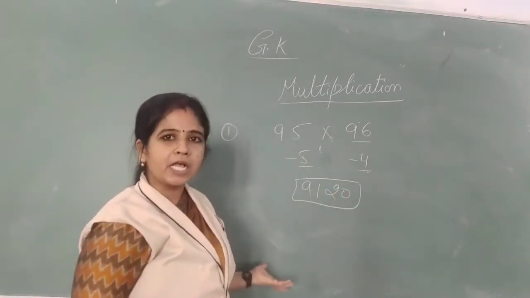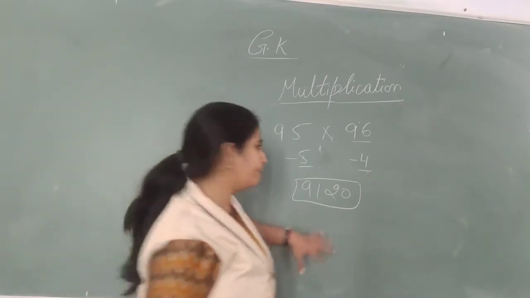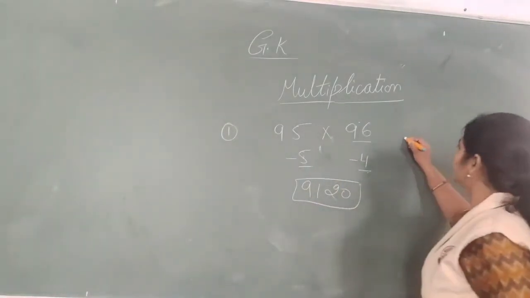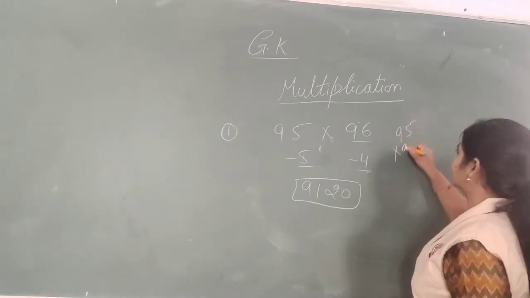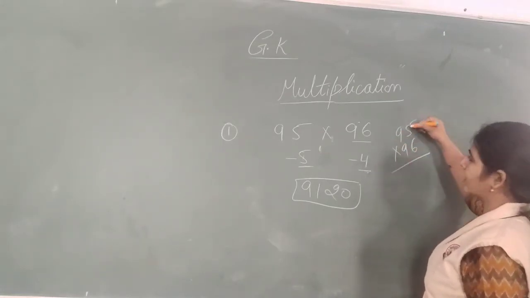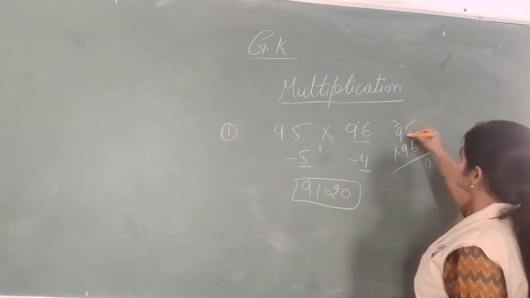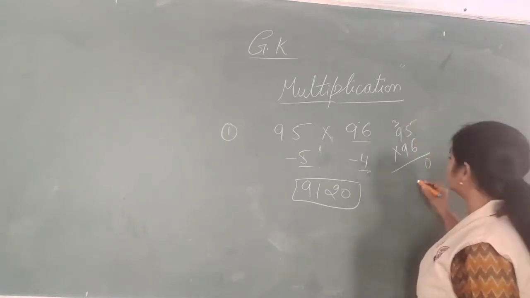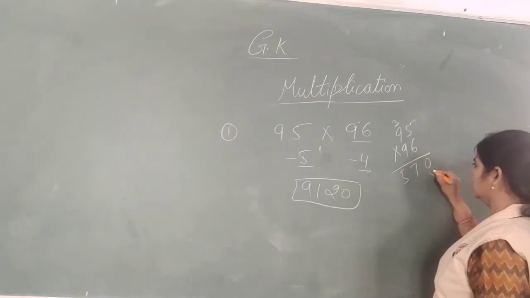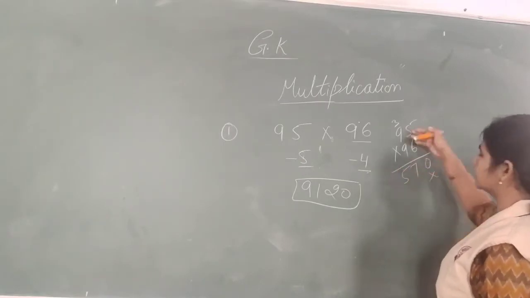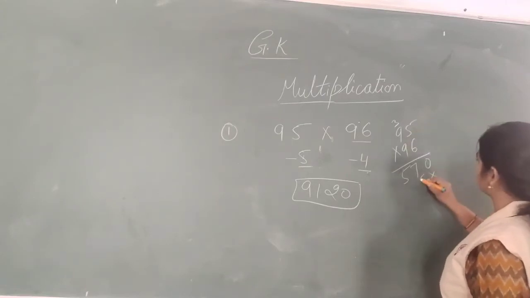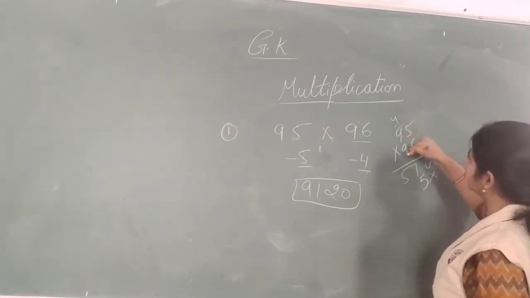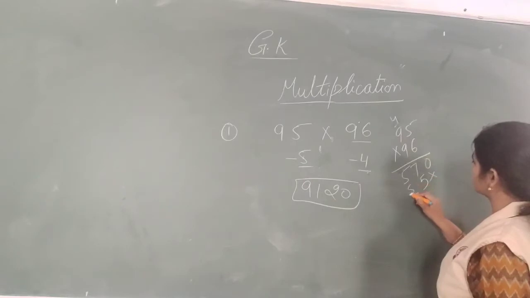Now I am checking the answer with the method which you have learned in your maths class. I want to multiply 95 into 96. 6 5s are 30, 0, 3 carry, 9 6s are 54, 54 plus 3, 57. You are using the same method and this method is very known to you. 9 5s are 45, 4 carry, 9 9s are 81, 81 plus 4, 85.